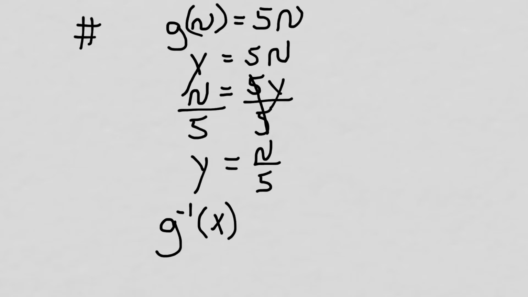Basically, that says the inverse of g. Whoops, I put x instead of n. Equals n over 5. So n over 5 is the inverse function for 5n.